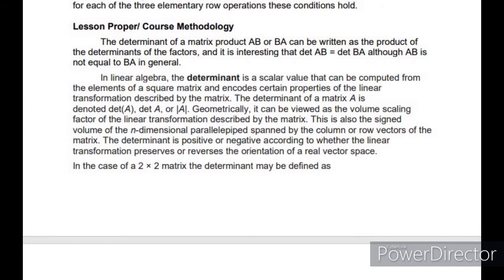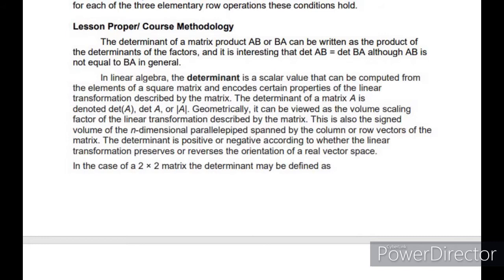So the determinant of a matrix A is denoted as |A|, or just det A, or the absolute value of A. Geometrically, it can be viewed as the volume scaling factor of the linear transformation described by the matrix, because as you watched in the video earlier, determinants are used in computing the transformation of a 3D object, which has a volume.